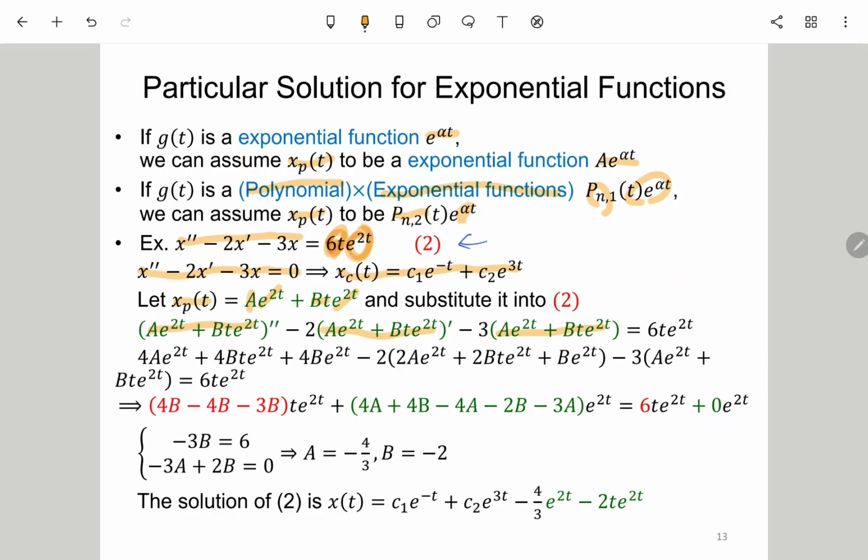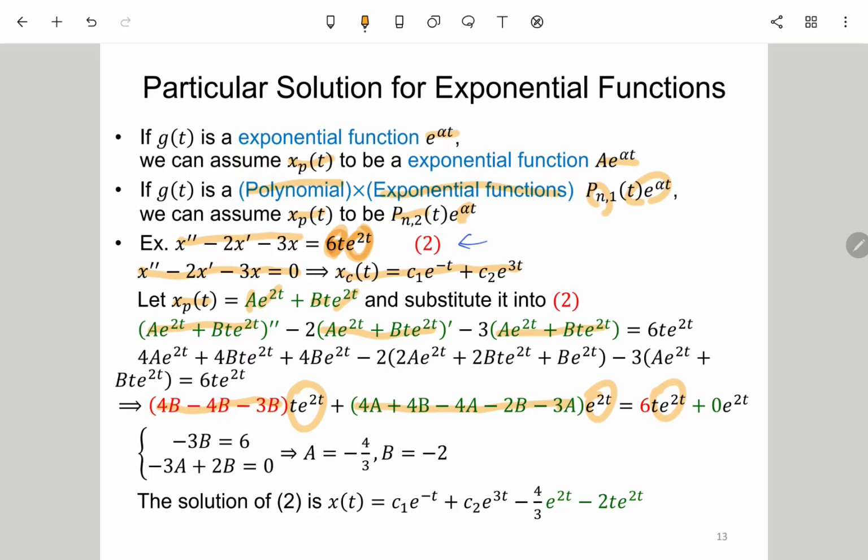And you still need to do some algebraic computation. On the left side it will be this times this part. This one and this one will be the same, and then you also have these parts multiplied by exponential 2t.